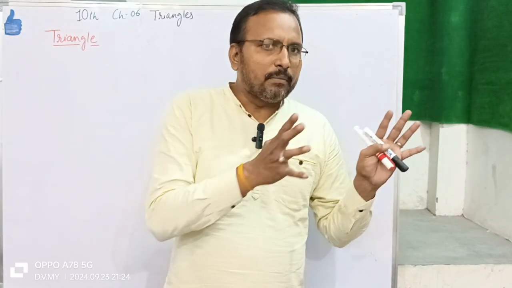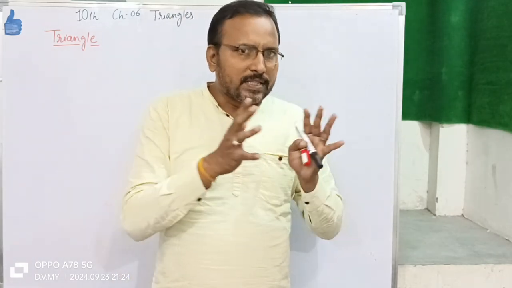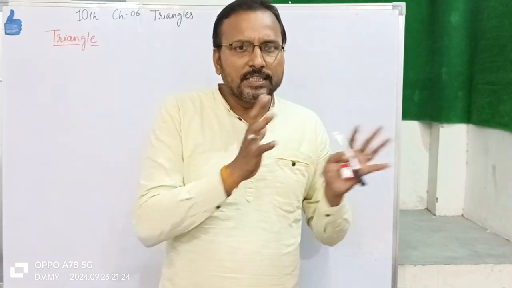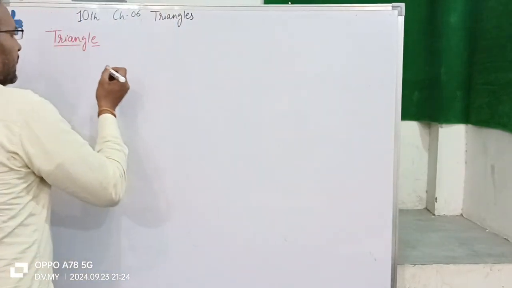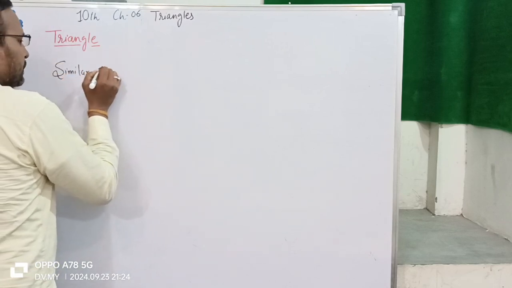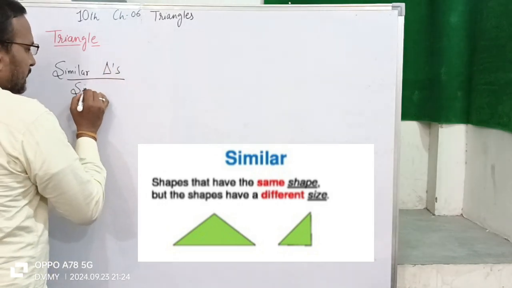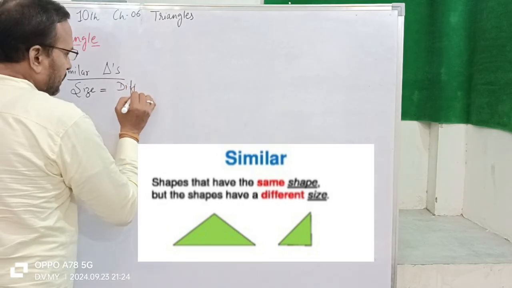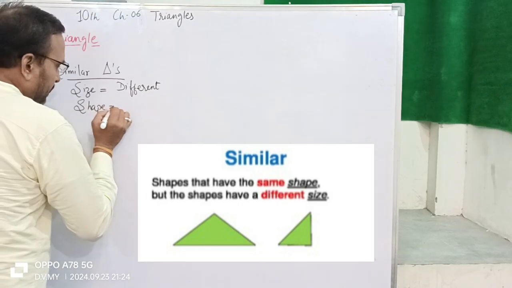On the other hand, similar triangles are those triangles which have the same shape but different size. In this, size is different and shape is the same.